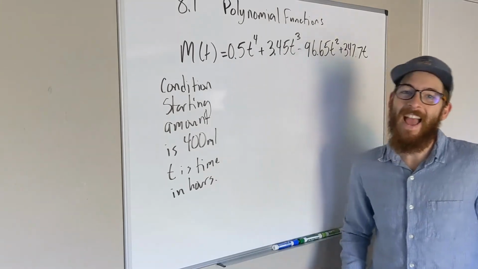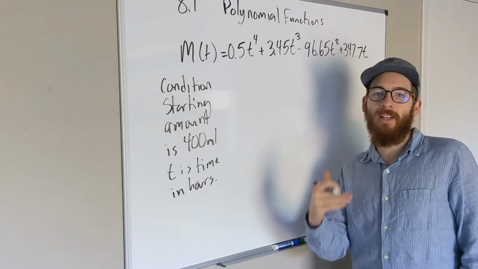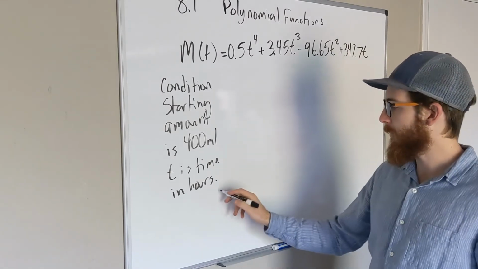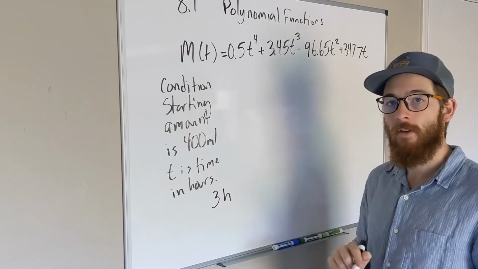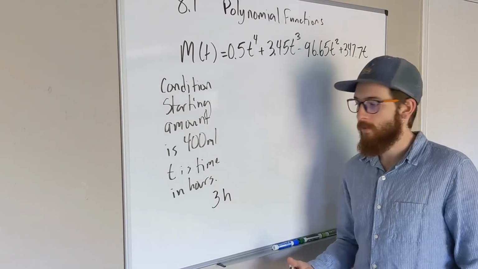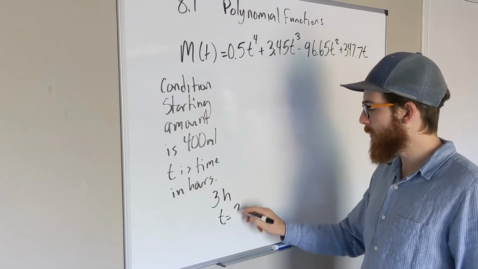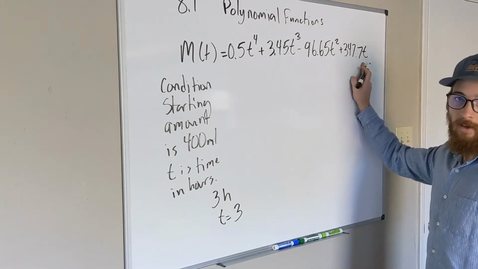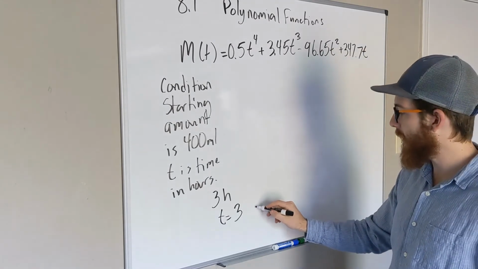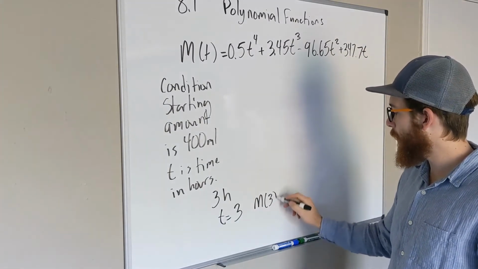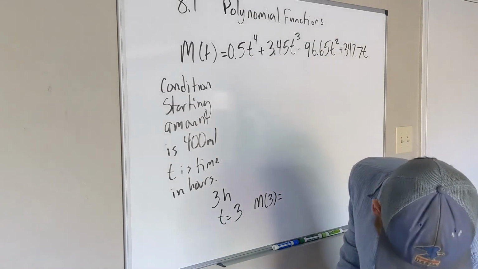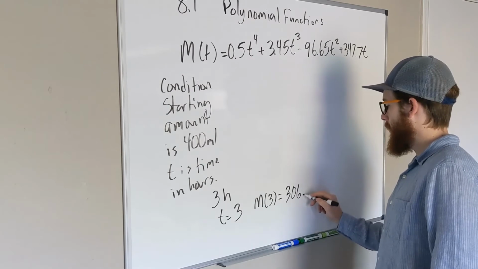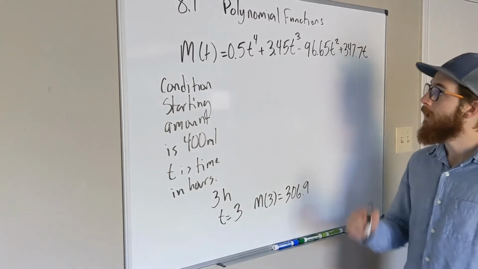So if I asked you how many milligrams of ibuprofen are in someone's system after 3 hours, what would you do? Well, you would say t equals 3, and then plug 3 in for t, and spit back an answer saying that M of 3 equals 306.9.